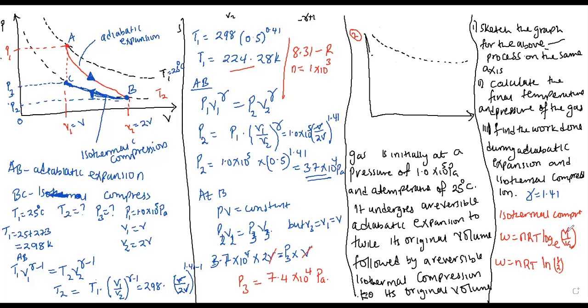I was saying to get this work done for the isothermal, the isothermal occurs at a constant temperature, which was T2. Which temperature T2 did we get? 224.28. R is 8.31. Number of moles is 1000. Natural log, V1 was V, V2 was 2V. Those two, the V's divide. That's how it gets to a half. So substitute here and get the answer for work done under isothermal.